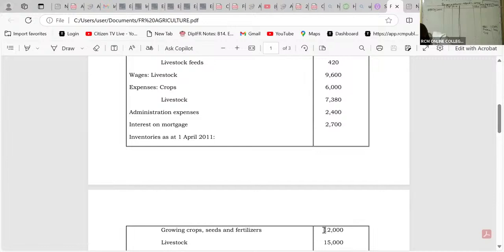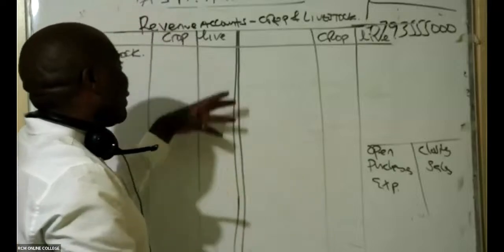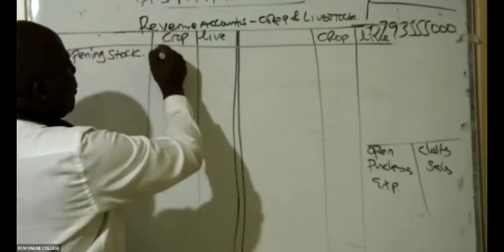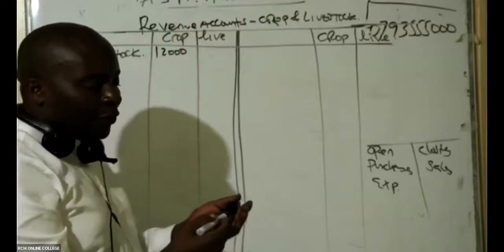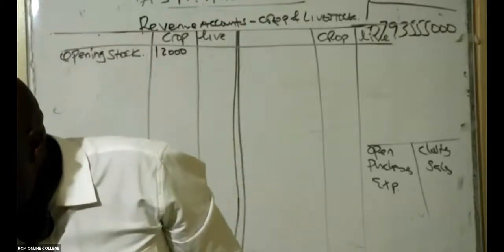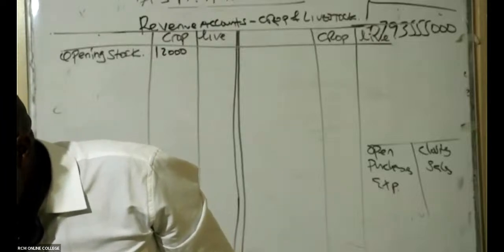This 12,000 amount will be put under crops. So opening stock for crop with fertilizers and everything is 12,000. How about opening stock for livestock?